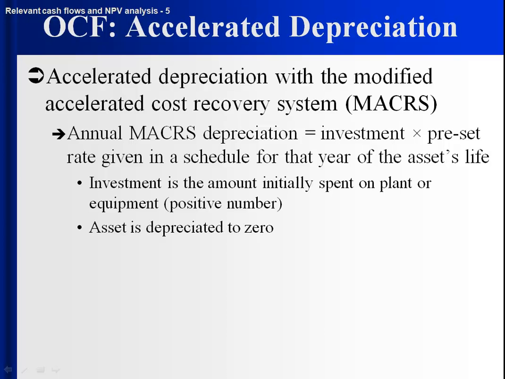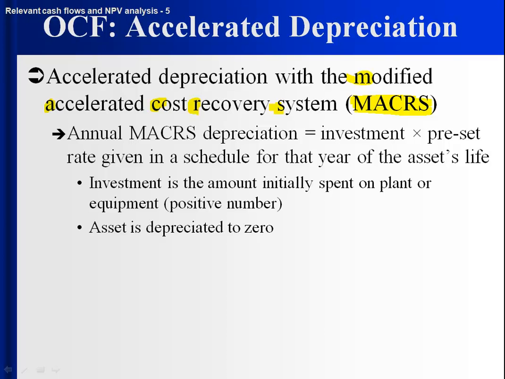The accelerated depreciation that we're going to look at is the modified accelerated cost recovery system, or MACRS. The numbers that MACRS generates are often not as nice and round as the numbers in Straightline, but the methodology is very straightforward.